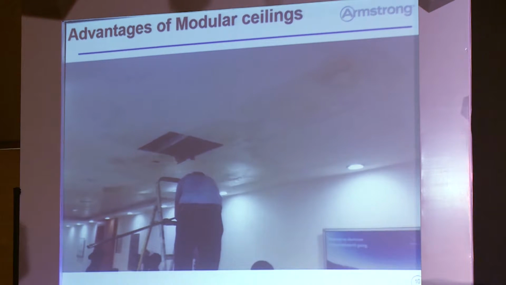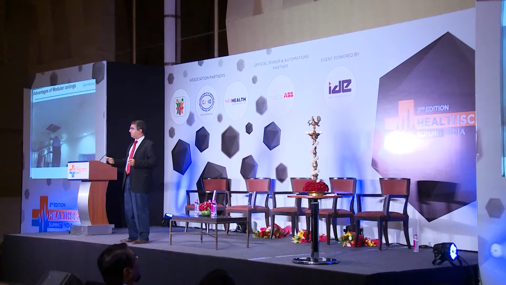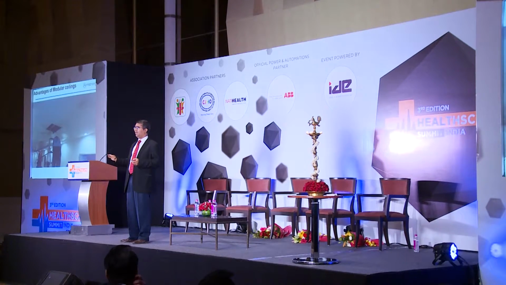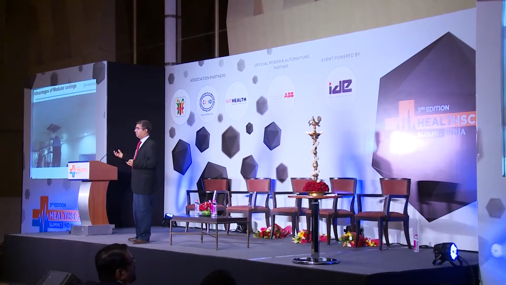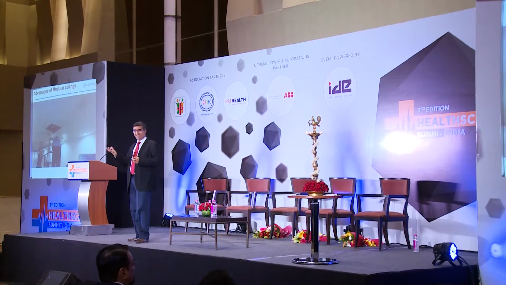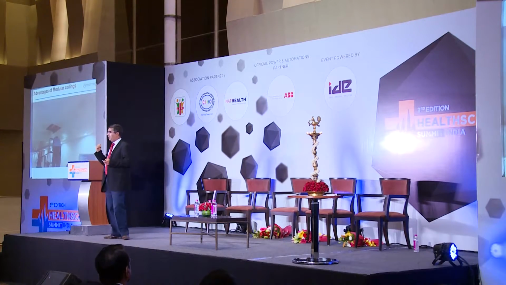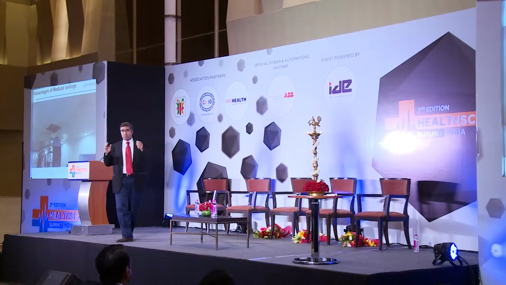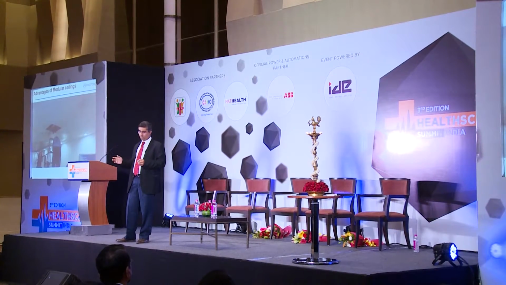So apart from any other problem which comes because of leakage, like fire, rusting and equipment getting damaged, the most important damage in healthcare is infection growth because of humidity growth in the atmosphere, which a lot of us are oblivious to in designing a building. We think staying is good, but every time we do repair and maintenance in such kinds of ceiling systems, we have dust, dirt and paint coming in, which is a source of infection and bacteria into your facility. So modular ceiling in mineral fiber really works wonders.